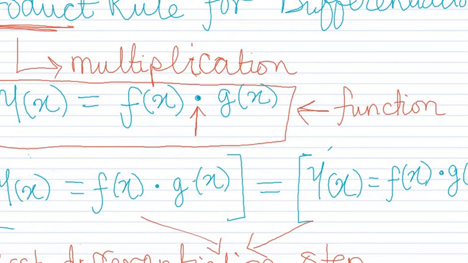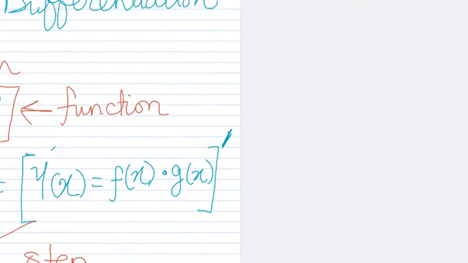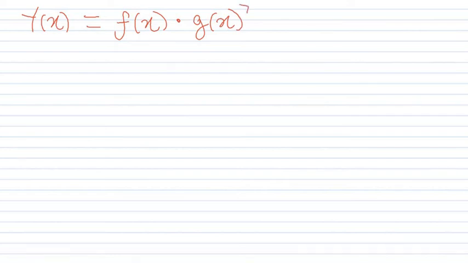So the next page now. So on this next page, we're going to write the same exact thing we had. So we're going to have y of x equals f of x multiplied by g of x, and all of this prime.